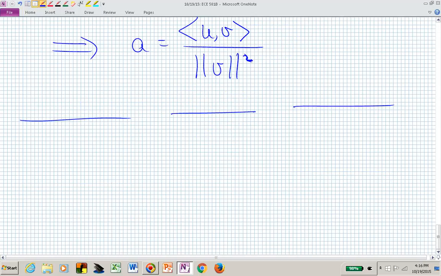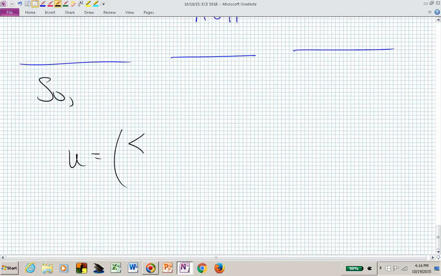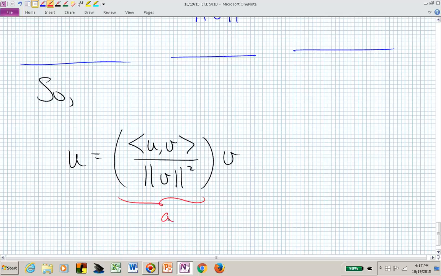Now we can rewrite our expression for u in the form that we had in the first part of today's class. We now have a, which is the inner product of u and v, divided by the norm of v squared. That's the a piece. That's av.